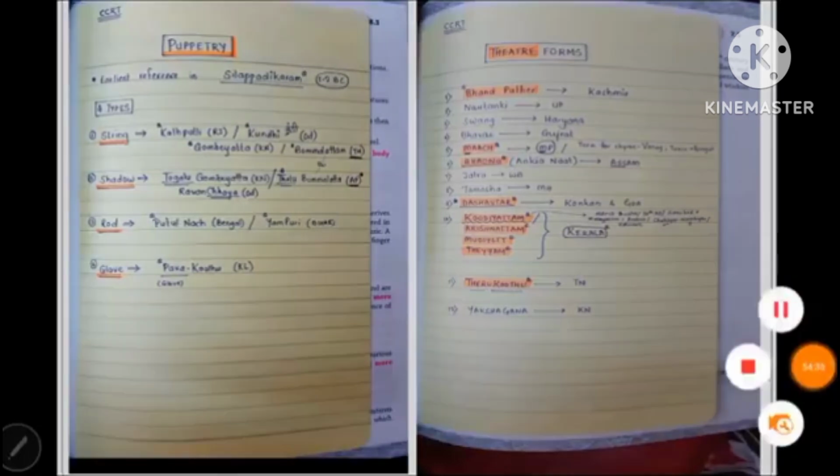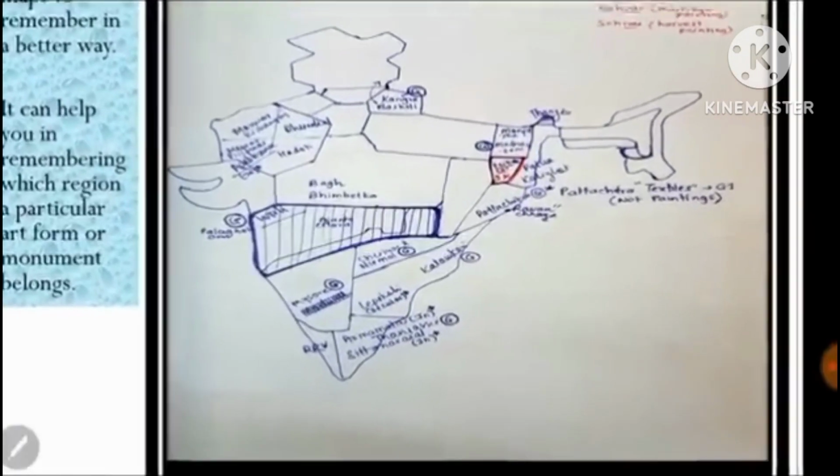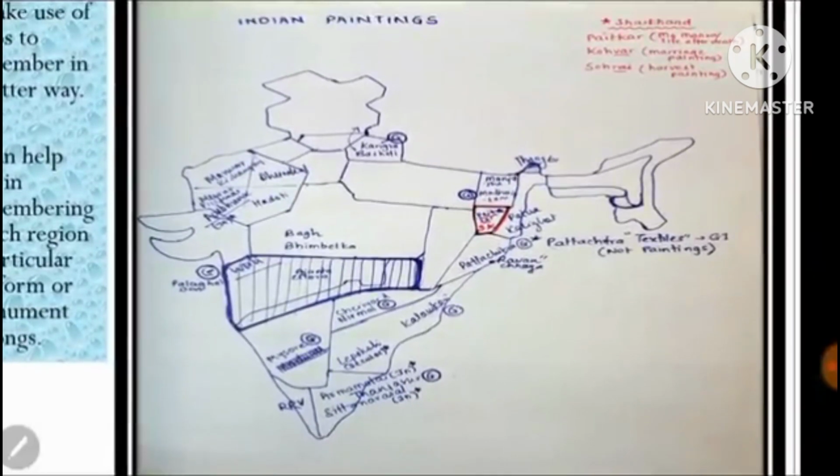Make use of maps in art and culture also, so that you can remember the localization very easily, the particular region from which a particular art form originates, that can be remembered using maps. Let me just zoom it for you. There may be a few mistakes, please ignore them or correct them.